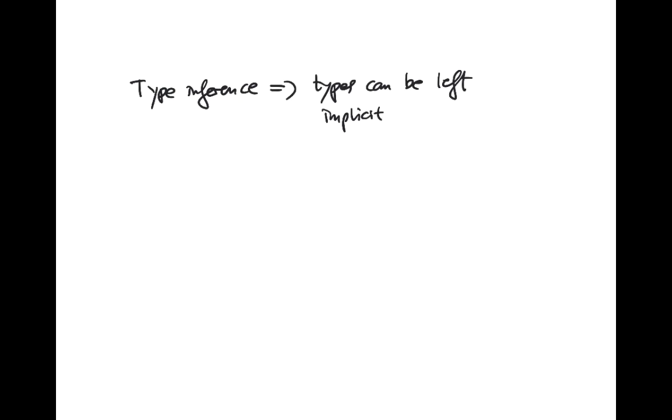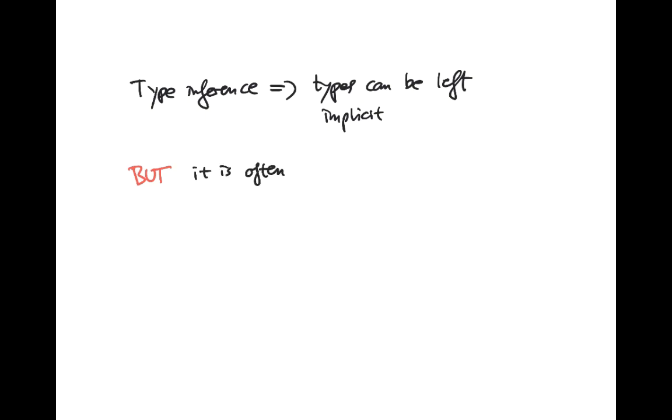In languages such as Haskell and ML, you have type inference. So in fact, you do not need to write types at all. In fact, types can be left implicit. But it's often useful to write them anyway.